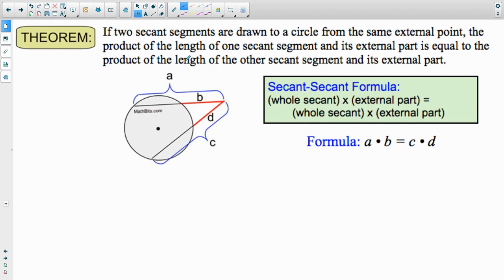And if you label, as they did right here, the same way that I labeled mine on the previous page, that the A is the whole secant, the B is its exterior part, and then the C is the whole other secant, and the D is its exterior part, then quite simply, A times B is equal to C times D. Let's take a look at some examples.